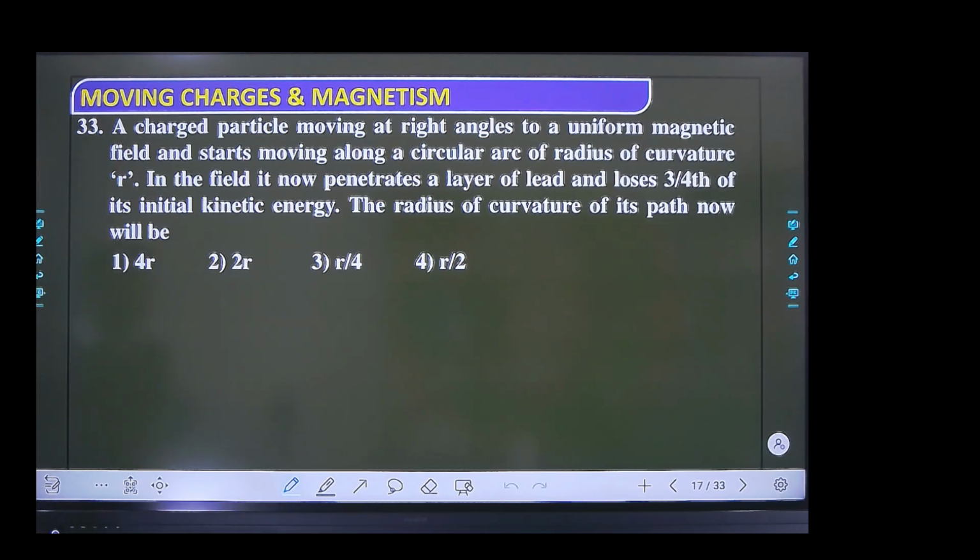The charged particle is moving at right angles to uniform magnetic field. It starts moving in a circular arc of radius r. In the field, it now penetrates a layer of lead and loses 3/4 of its kinetic energy.